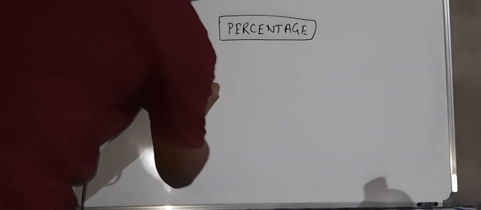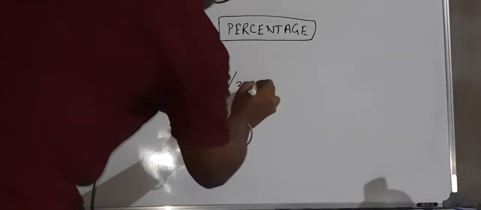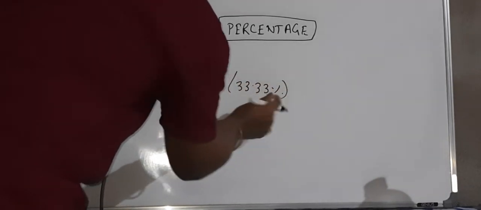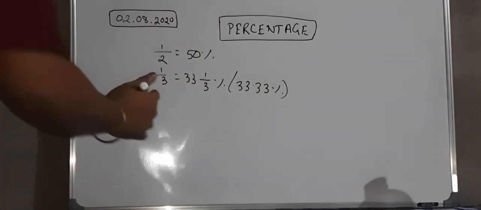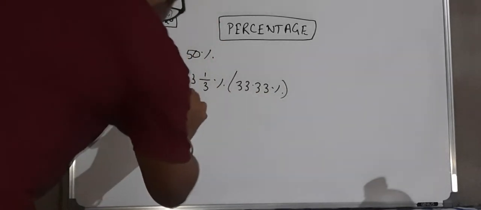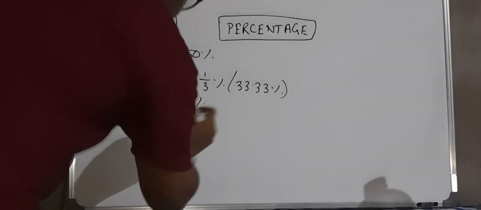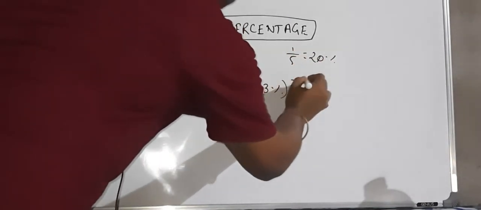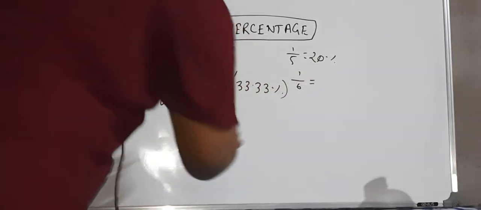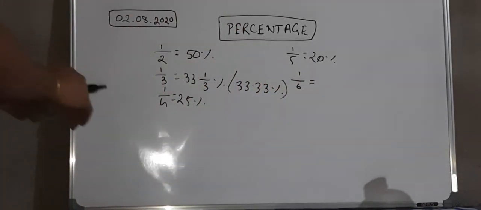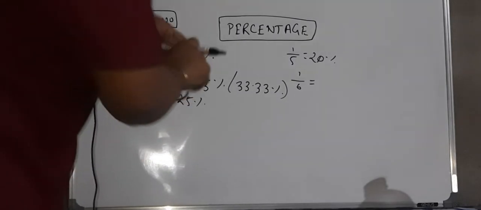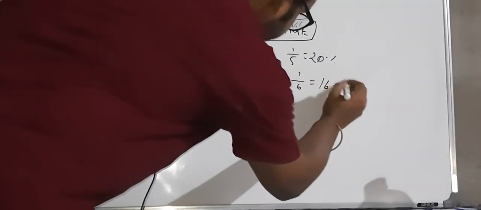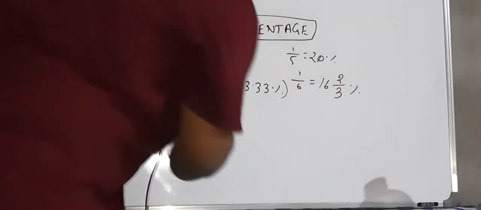Similarly, one third will become 33 1 by 3% or 33.33%. Similarly, 1 by 4, 100 by 4 is 25%. 1 by 5, 100 by 5, 20%. 1 by 6, 100 by 6, or you can write 50 by 3 also, so 16 2 by 3%.